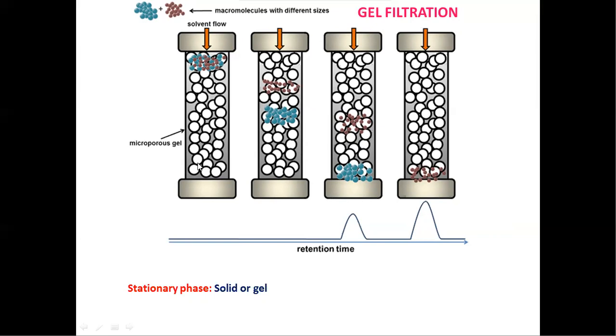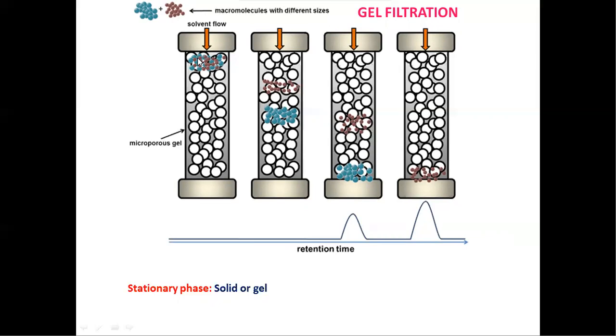Due to this network-like structure, the particles of variable sizes, macro particles and micro particles, will be easily separated when passing through it. Here gel is acting as a stationary phase, and sometimes we also use solid particles as a stationary phase.